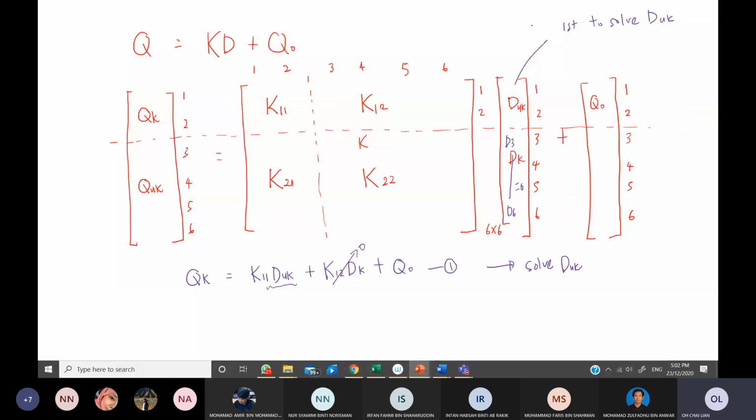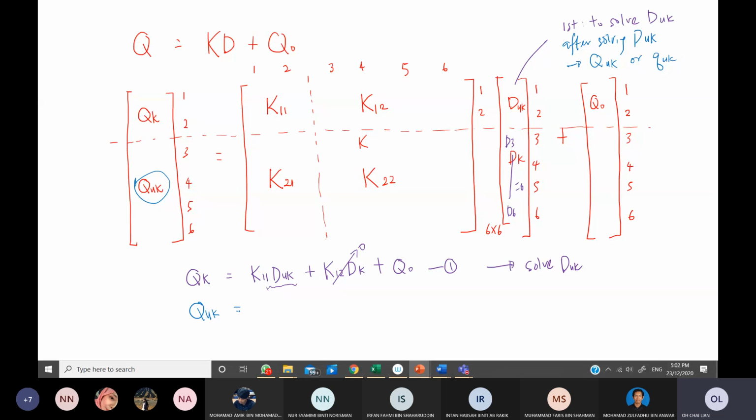Using this, after solving the unknown, if requested, you can solve for the Q, the support reaction unknown, or any of the internal force unknowns. So now Q unknown will be referring to this part.